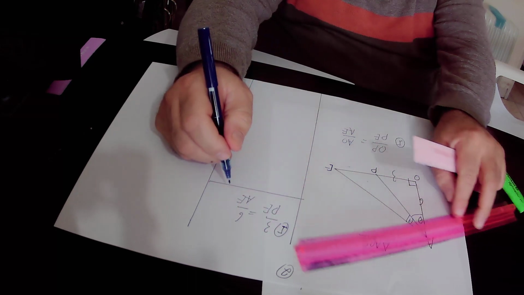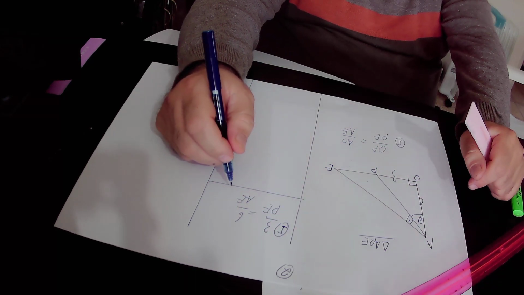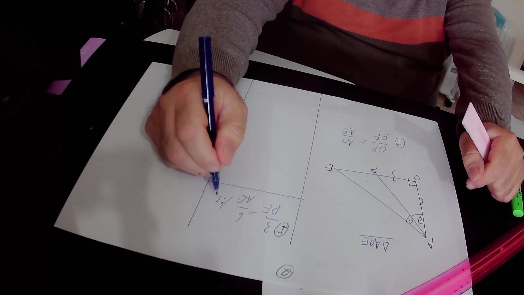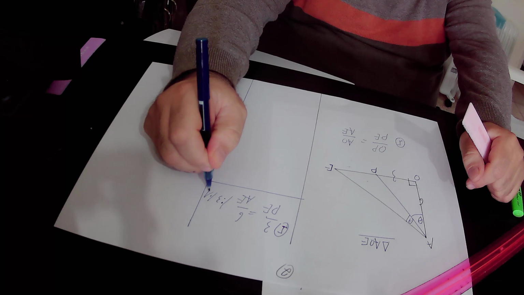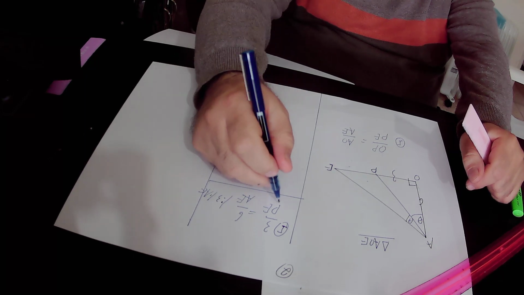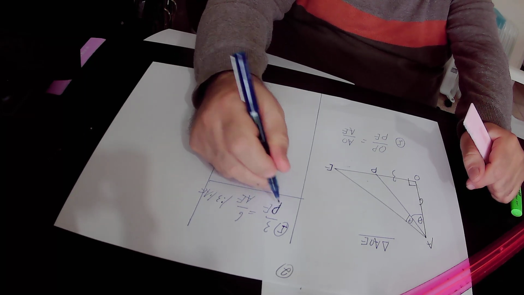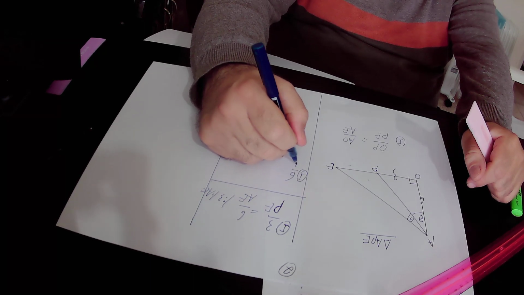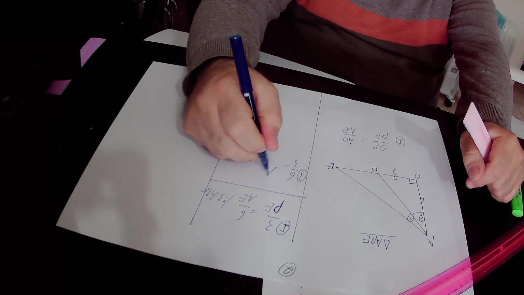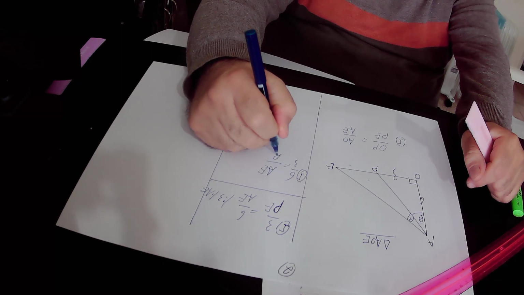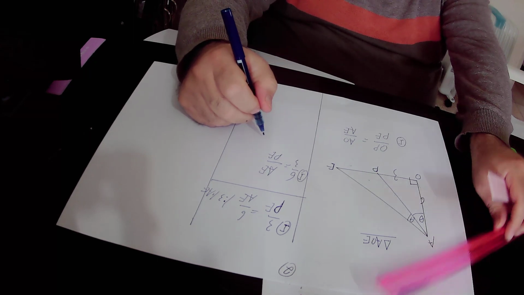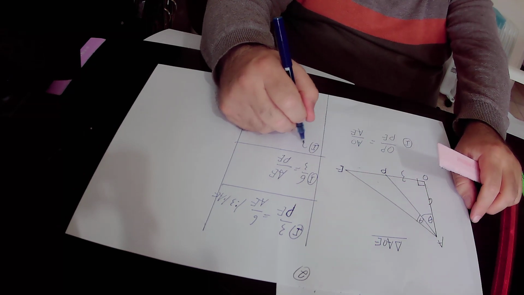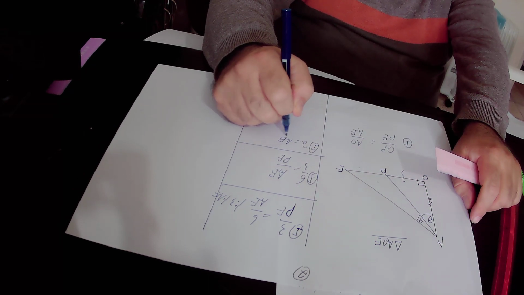Here we will divide this equation by 3, and we will also multiply it by AE, and we get that 6 over 3 equals AE over PE. 6 over 3 is 2, so I write it down: 2 equals AE over PE.